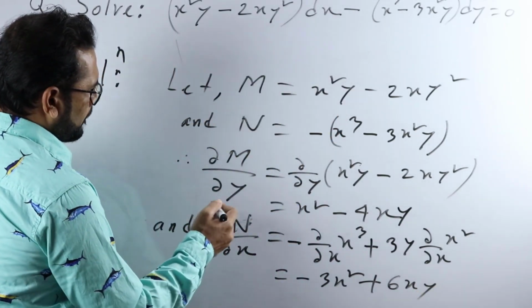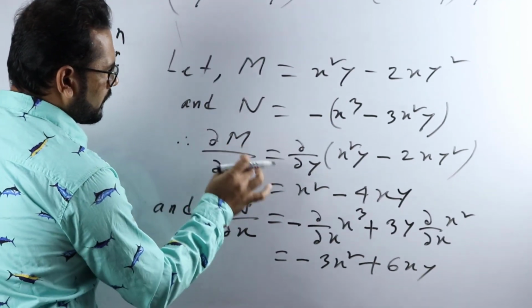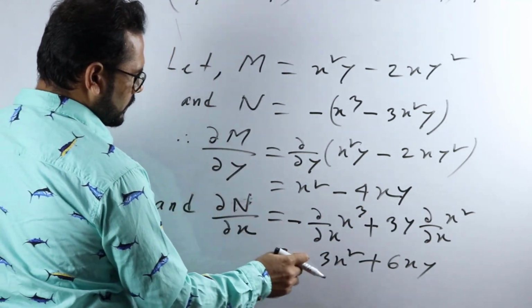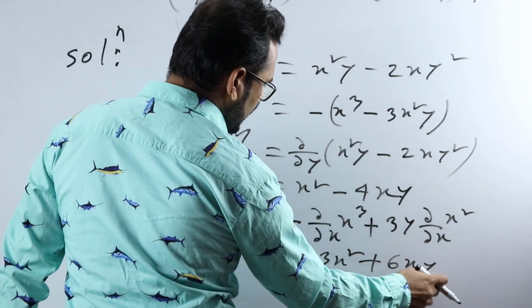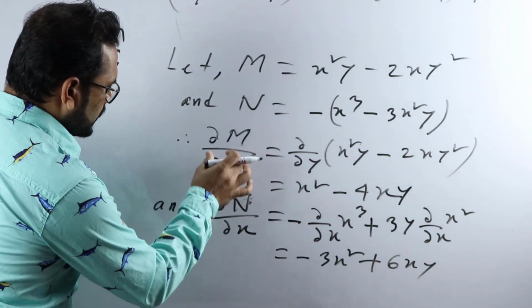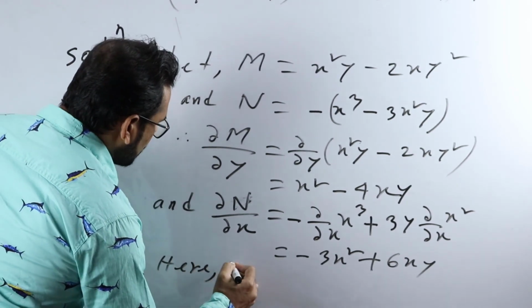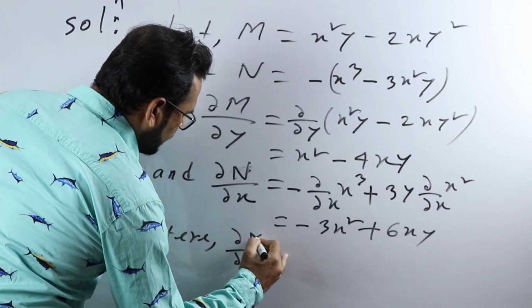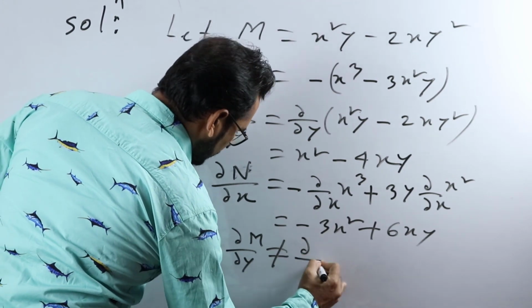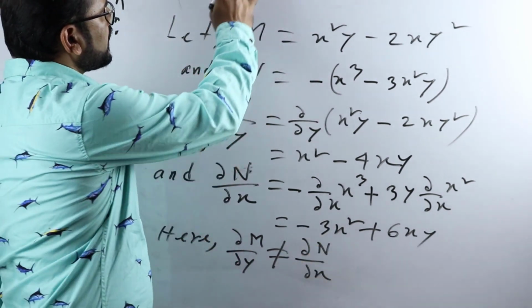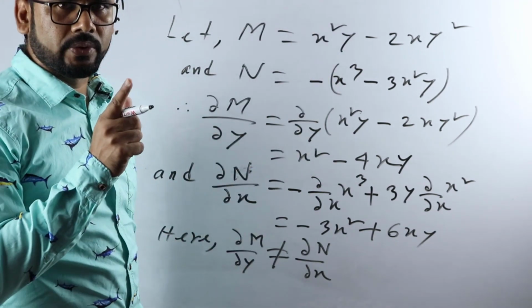So have a look here, del y of M is equals to x square minus 4xy, and del x of N is equals to 3x square plus 6xy. So these two terms are not equal. Here del y of M is not equal to del x of N. So this given differential equation is not an exact differential equation.